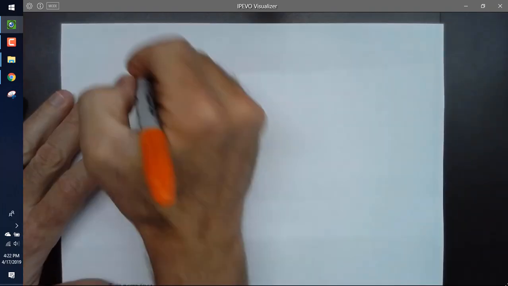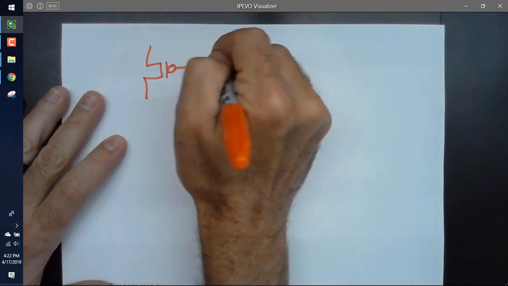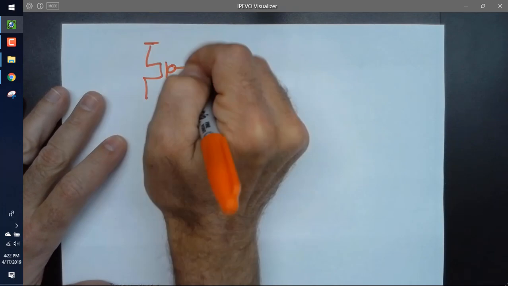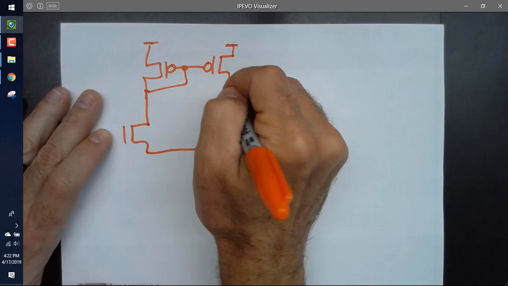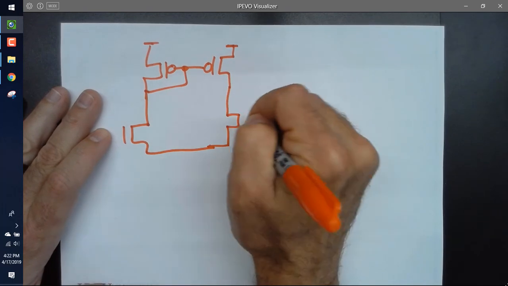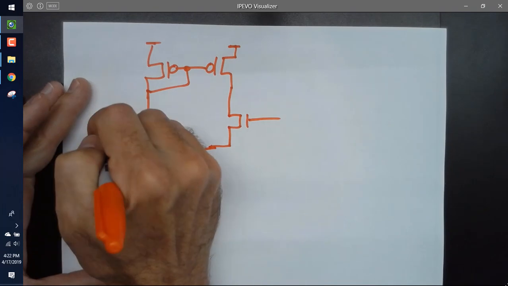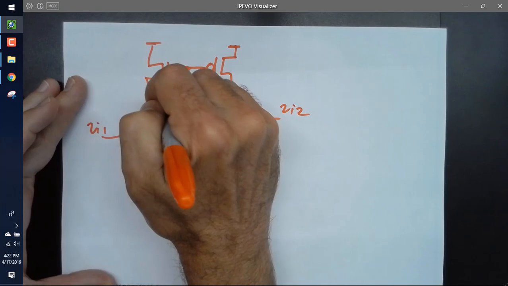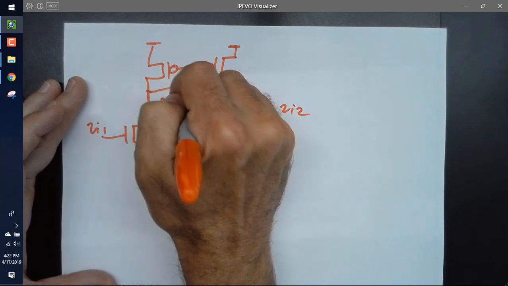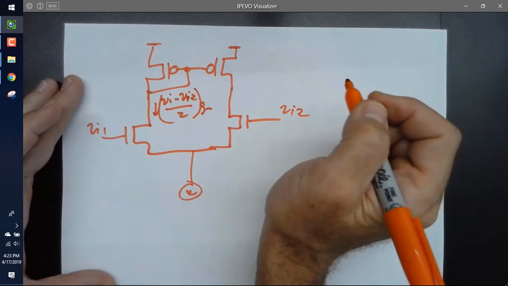So then over here, when I draw my circuit, I've got my Vin1, Vin2. The current that flows here is (Vin1 minus Vin2) over 2 times gm.